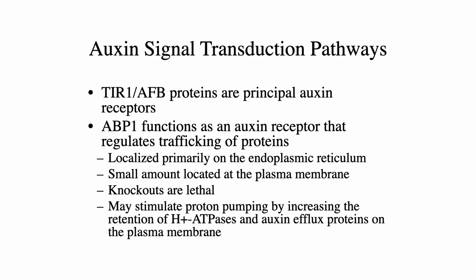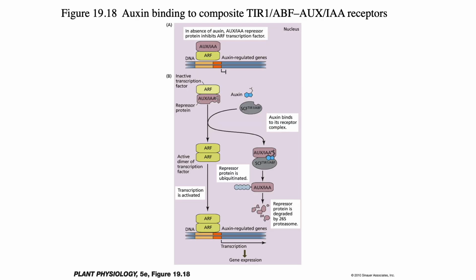There is a small amount located at the plasma membrane, and if you knock out these genes, they are lethal to the plant. So they're necessary for a living plant. It may stimulate proton pumping by increasing the retention of the H+ ATPases and auxin efflux proteins on the plasma membrane. Here is a model of how auxin activates transcription and gene expression.